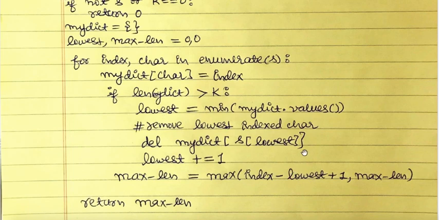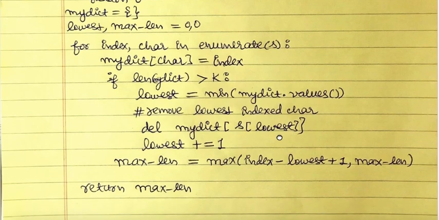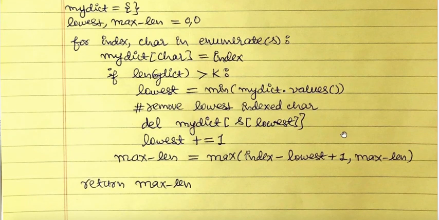So s of lowest will give the character corresponding to the lowest index, and then we use del, this is a keyword for deleting, to delete from my dictionary the character corresponding to the lowest index. Okay, we always do it, which I just showed you manually.